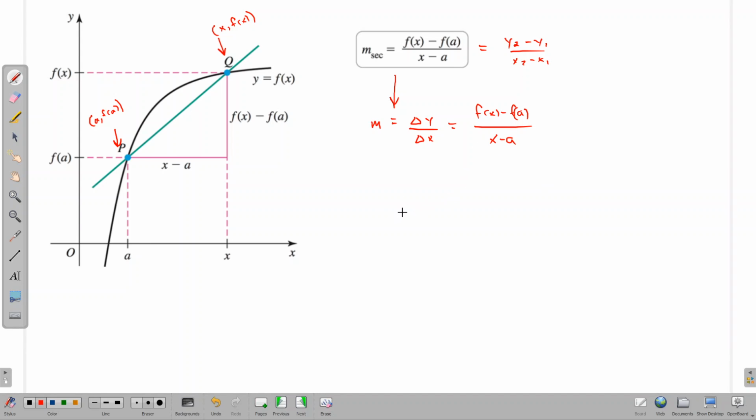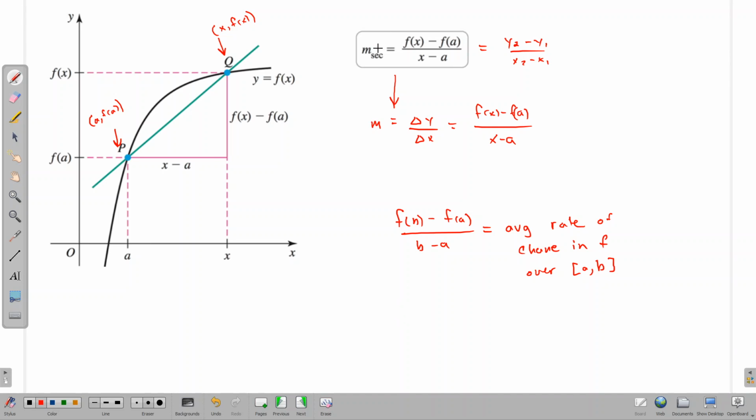It should also remind you of something we've done in previous courses, f of b minus f of a over b minus a. It has the exact same structure. We've just put x here instead of b. If you recall, this expression was the average rate of change in f over the interval ab.